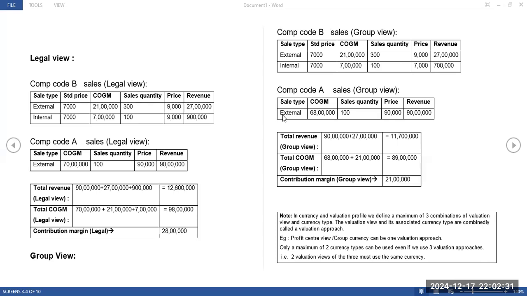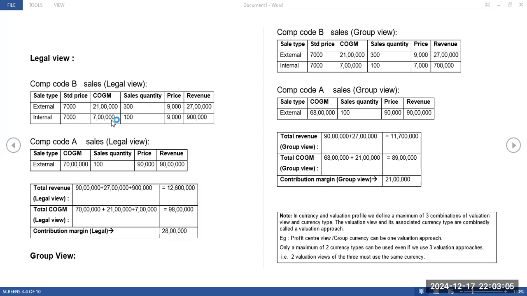External: sales quantity is 100, price is 90,000, revenue 9 million, while 6.8 million is the cost of goods manufactured. Adding up the revenues against cost of goods manufactured, we have 2.1 million against 2.8 million. So this is the valuation difference of 700,000.